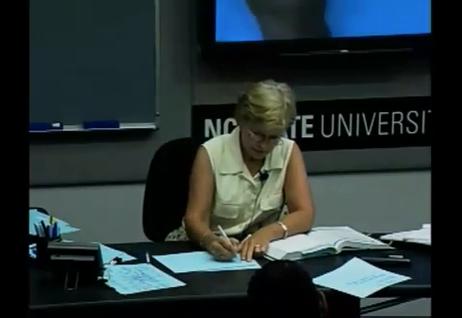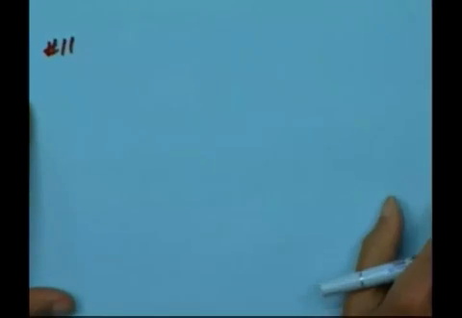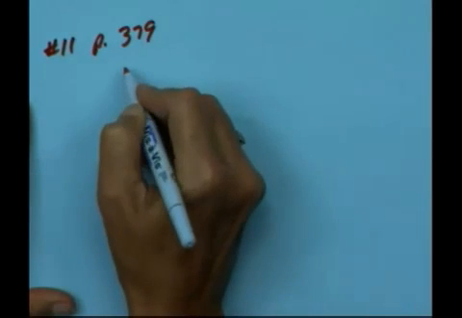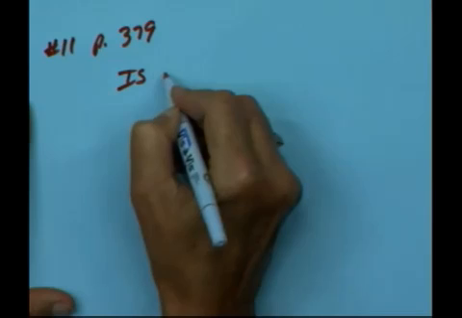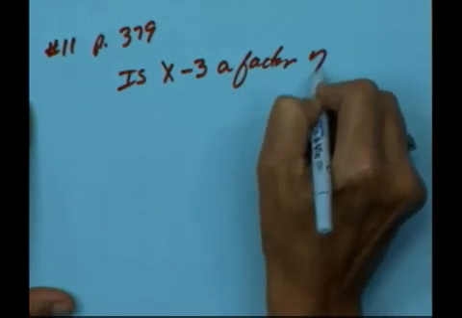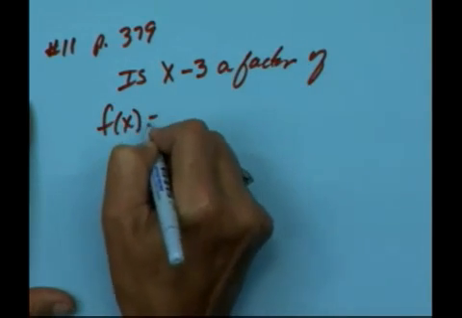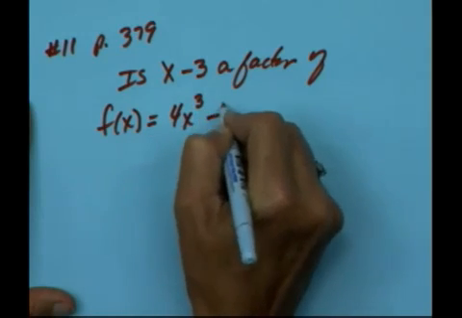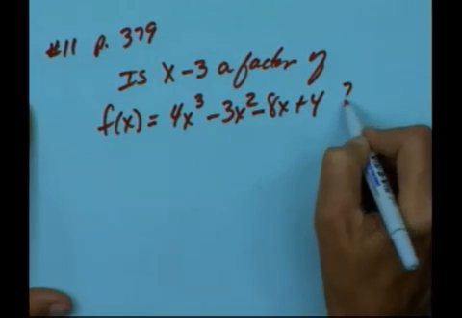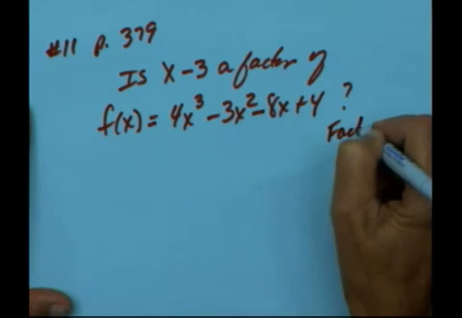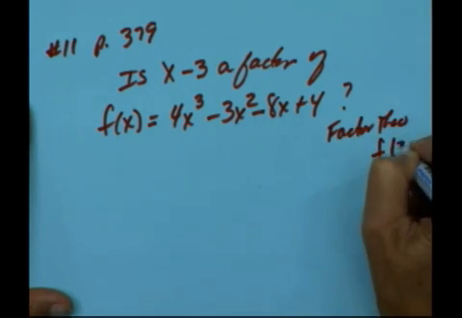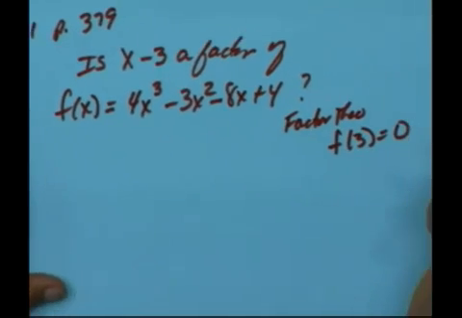Number 11, on page 379. The question is: is x minus 3 a factor of f of x equals 4x cubed minus 3x squared minus 8x plus 4? So the factor theorem says if it is a factor, that means f of 3 equals 0.